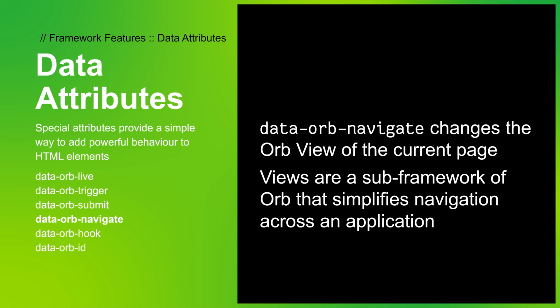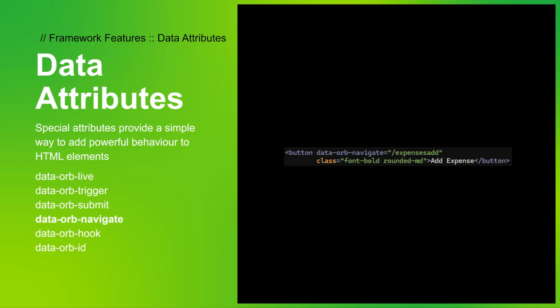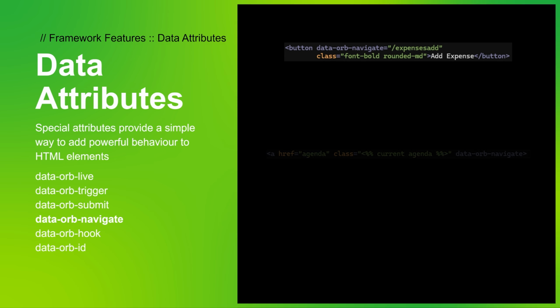The orb-navigate attribute updates the orb view of the current page. Views are a subframework of orb that make it possible to build an app that has multiple different pages. For example, here is a button that when clicked will navigate to a different page. You could also have your data-orb-navigate directive on an A tag.